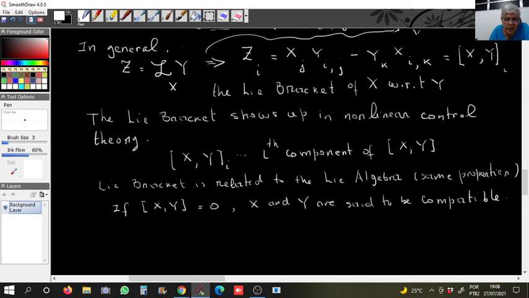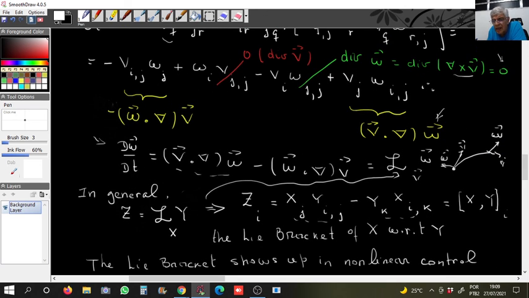Okay? If the Lie bracket is 0, so if this term over here cancels this term over here, we say that the Lie bracket of x and y is 0, then x and y are said to be compatible. That's very, very important for you to understand. I'll repeat. Do you see?